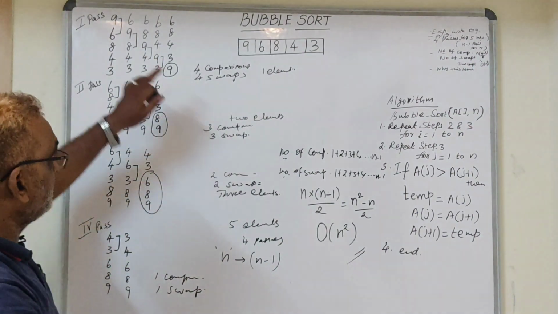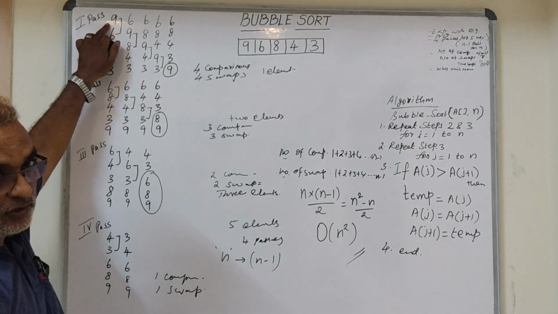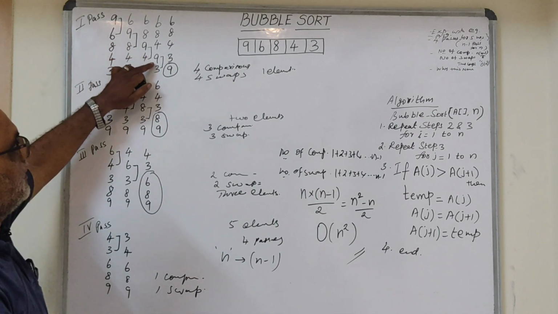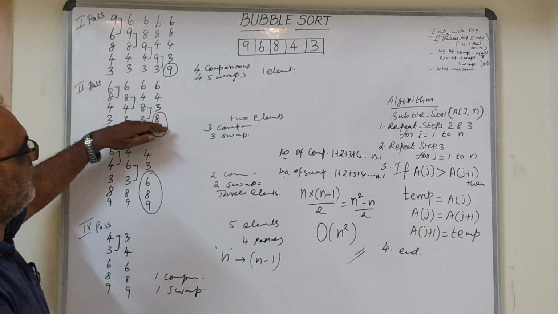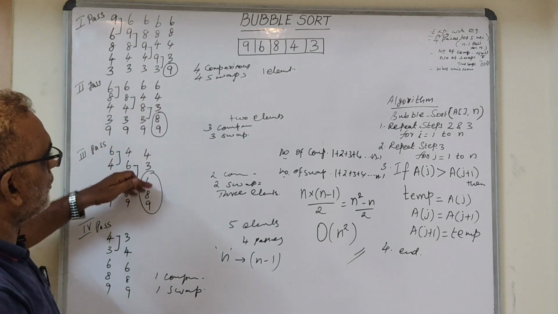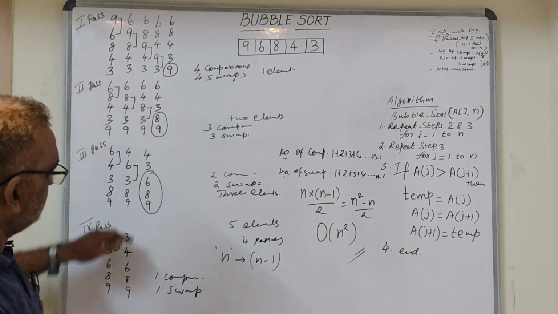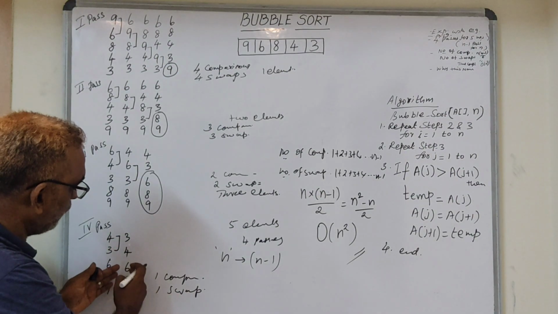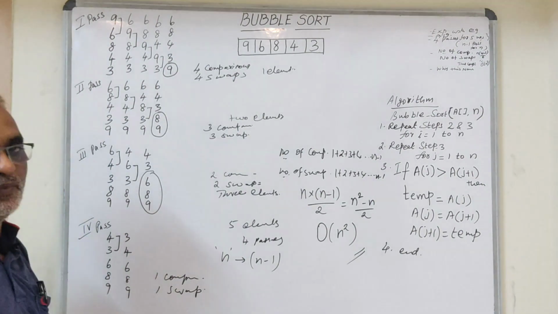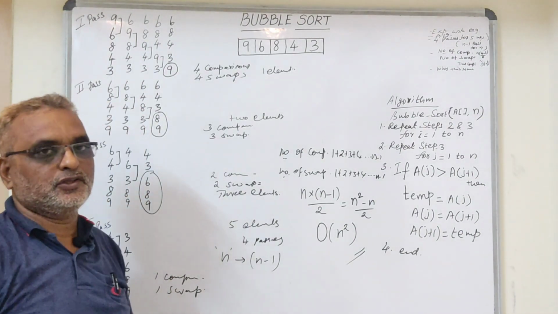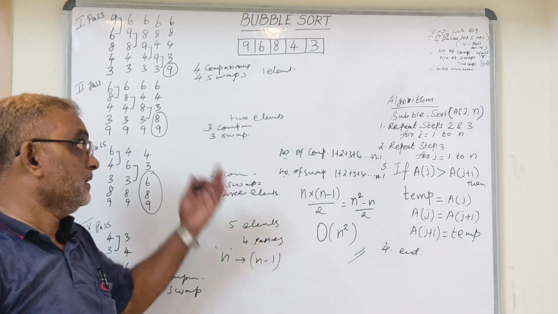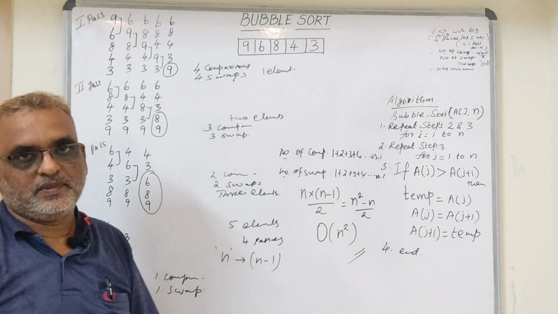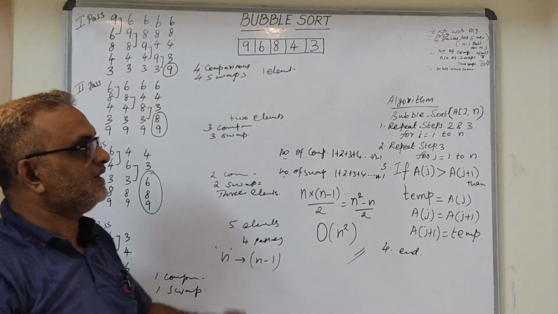That is how it happens. See this value 9, slowly it is coming down, but the lesser values are going up, and values with more weight come down. Because of this one particular reason, it is named bubble sort. And of course, it is an interesting fact.